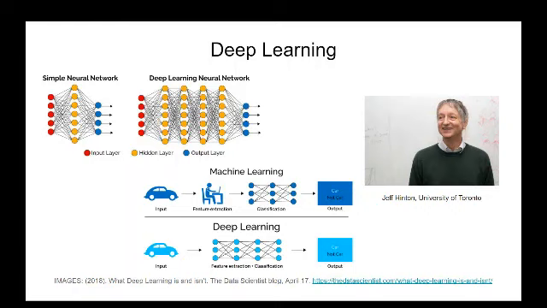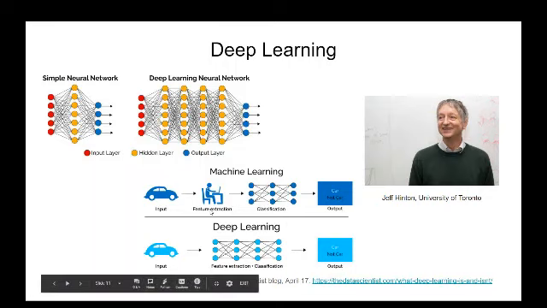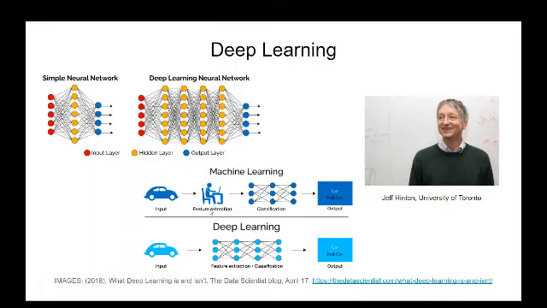And then the difference between normal machine learning and deep learning, as a point of contrast, is that you take an input and you need to do feature extraction and classification. In machine learning, feature extraction is somewhat manual. You have to define the features and guide it along.